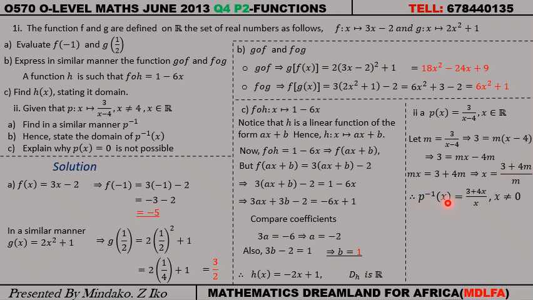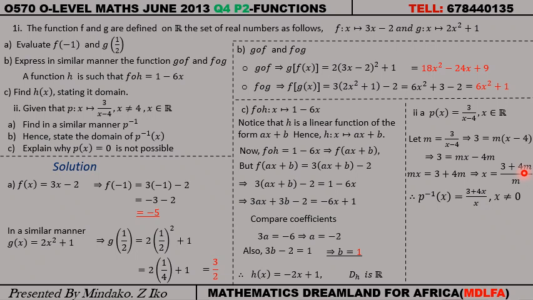Since my x is 3 plus 4m divided by m, and m is the variable that I assigned to be equal to my function, to express the inverse of that function, I'm going to replace the m with my x. Or it might be y here, 3 divided by y minus 4, so at the end of the day you will still replace m with y. So that is it.